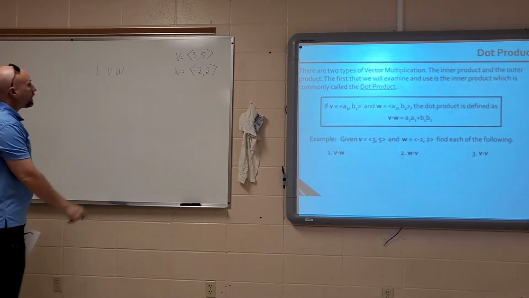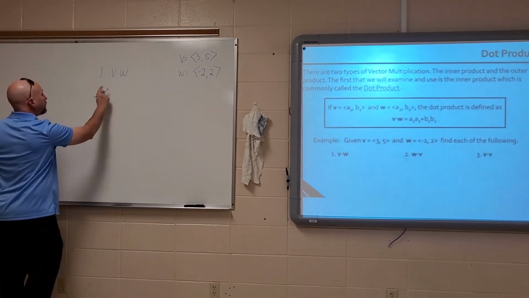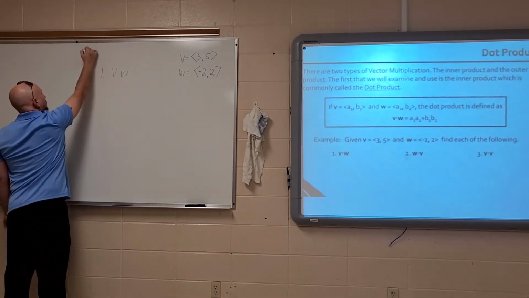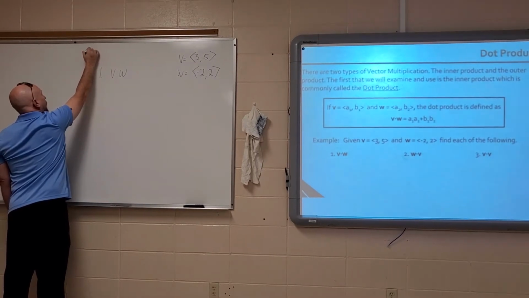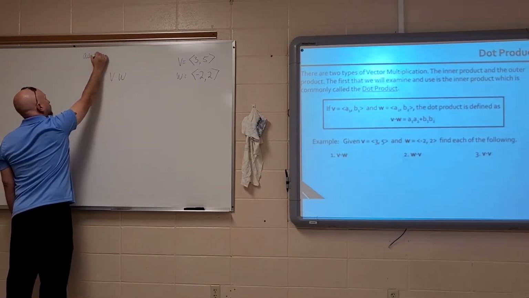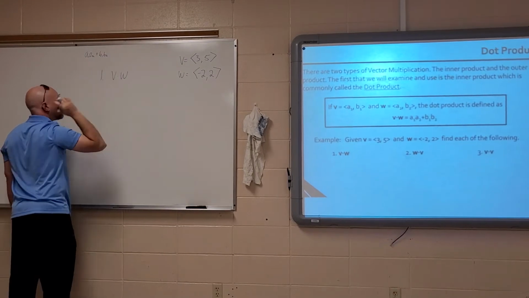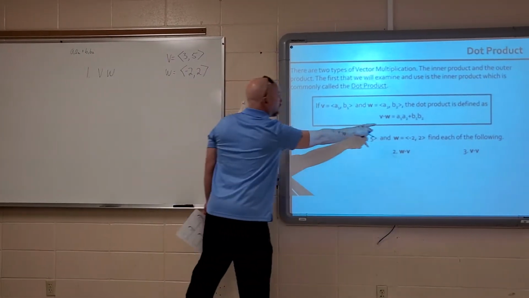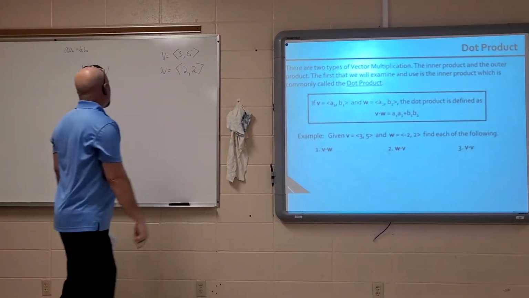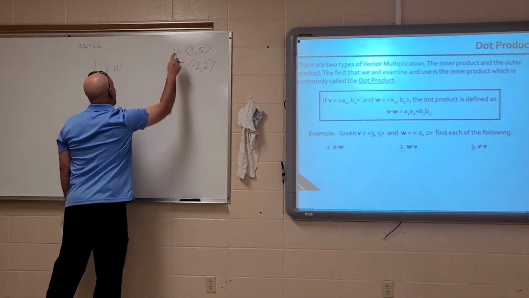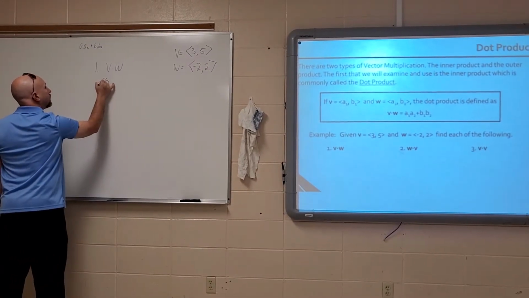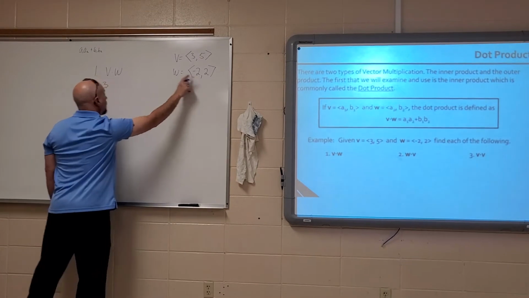So V dot W, well, remember, it's A1 A2 plus B1 B2. A1 would be 3. A2 would be negative 2.